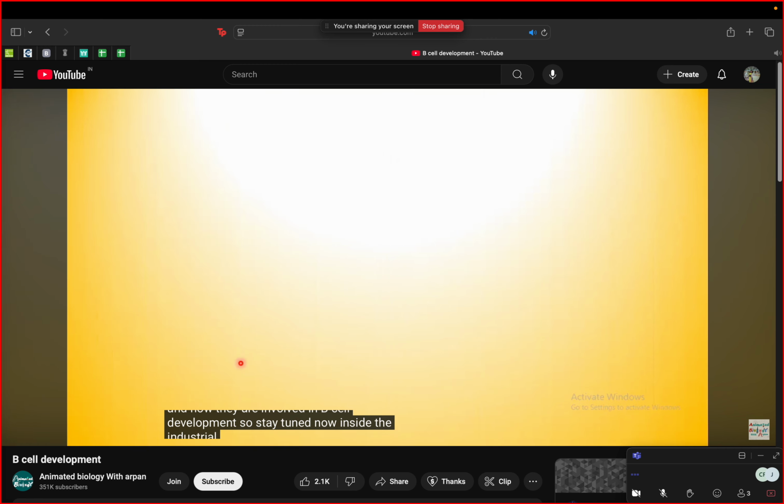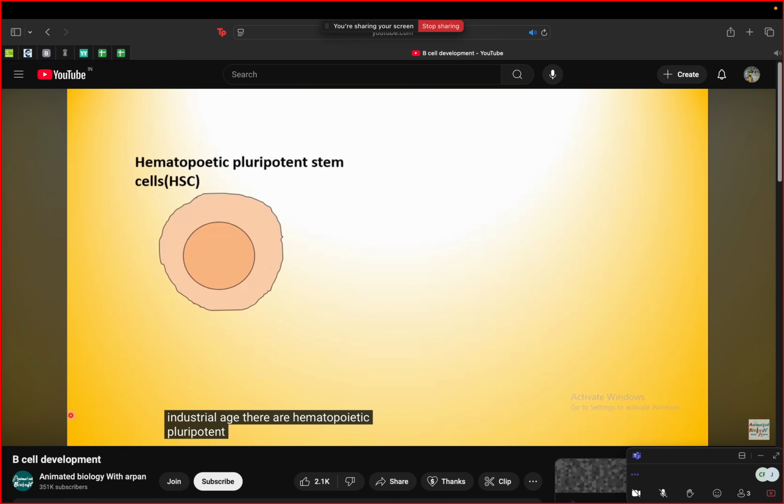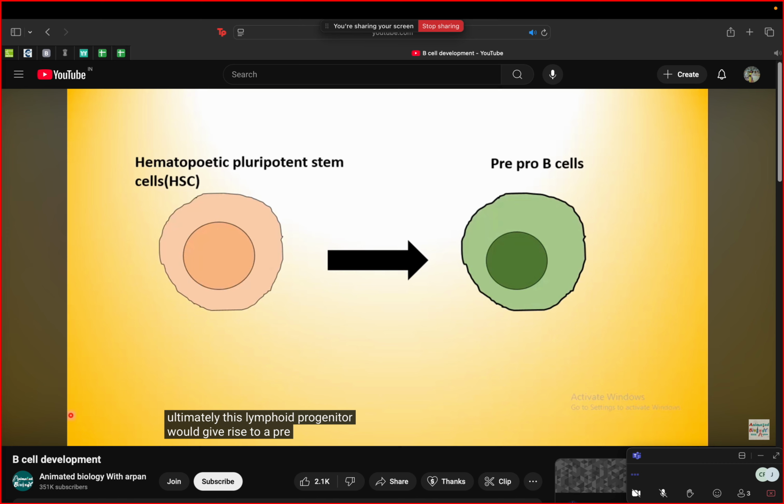Now, inside the endosteal niche, there are hematopoietic pluripotent stem cells. And hematopoietic pluripotent stem cells can give rise to lymphoid progenitor cells, which is not shown here. Ultimately, this lymphoid progenitor would give rise to a pre-pro B cell, which is a total immature stage of a B cell.